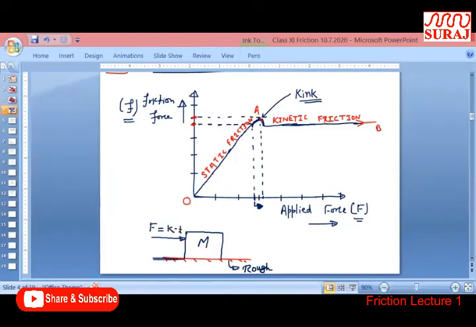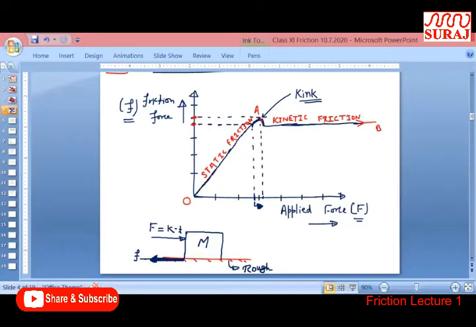We are asked to observe what is happening. Initially, the force of friction exists in the same proportion, and this force resists the block from moving.